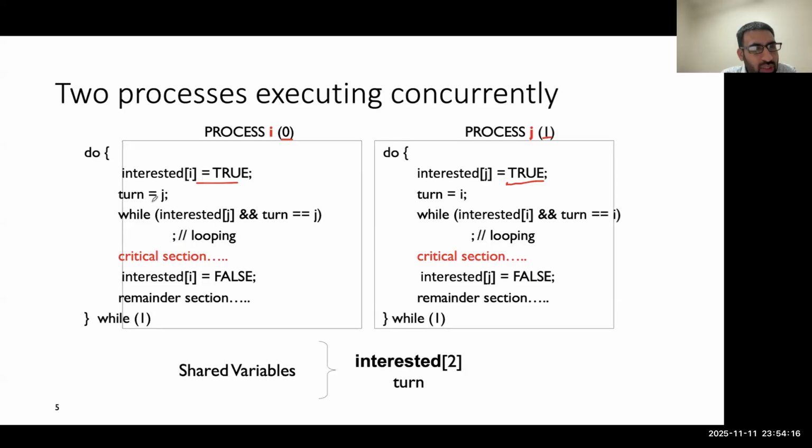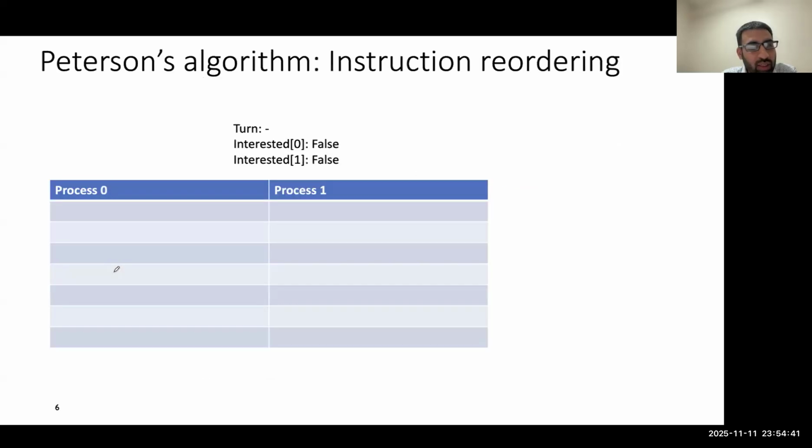And then process 0 will set turn equal to 1, and process 1 will set turn equal to 0, right? So this is the normal code of the Peterson algorithm. Now we are going to see how instruction reordering makes the Peterson algorithm fail, right?